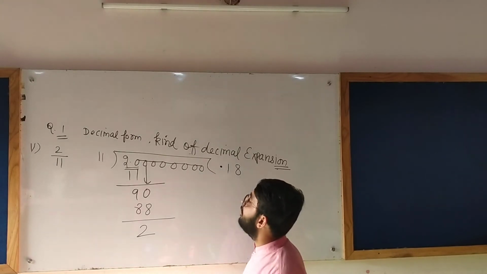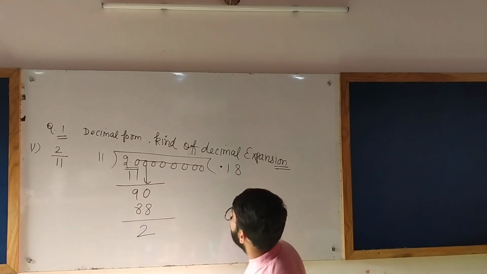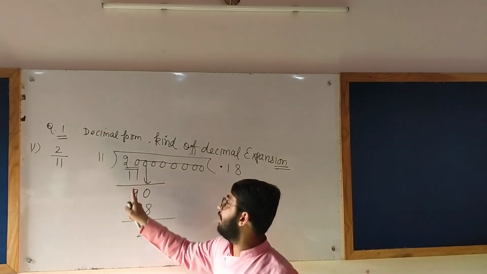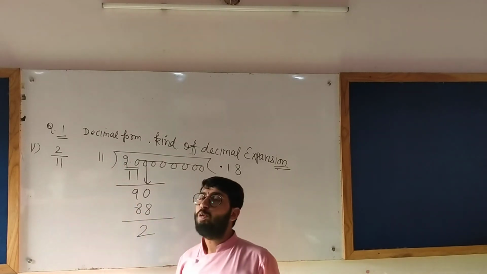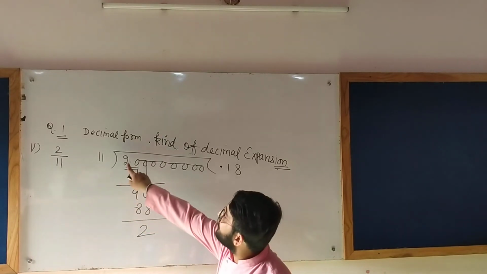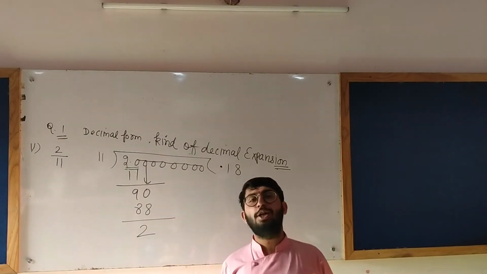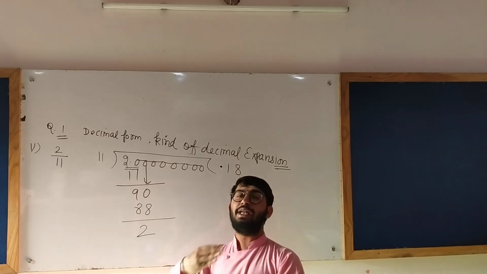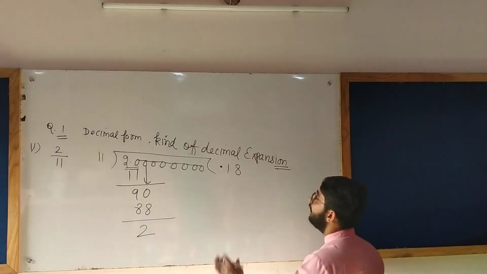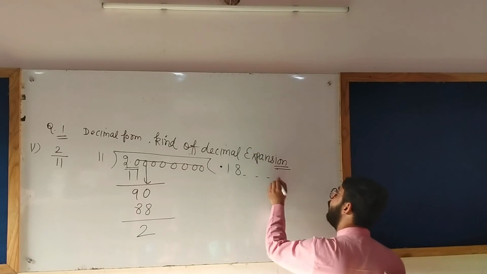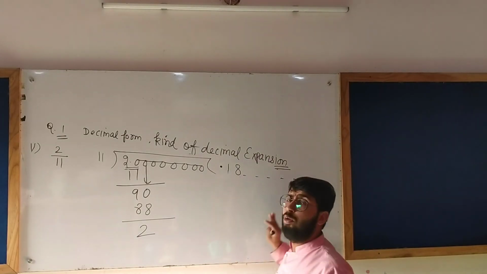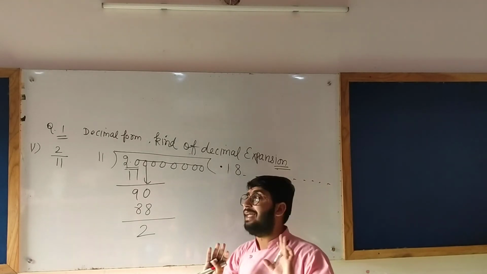Here again the same thing. Again we have come across the same thing, that the dividend and the remainder coincide. That is, we start with 2 and we end with 2 only. Therefore we can say that the procedure keeps repeating itself. The procedure keeps going on. We just can't say where it ends.